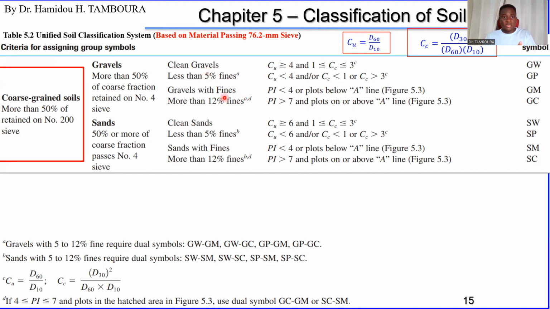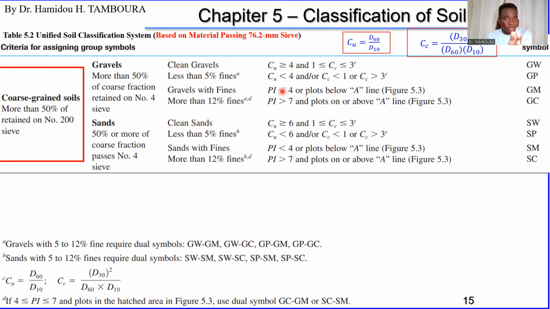Okay, to make it easy, let's consider this part first. Less than 5, between 5 to 12, we will explain later. But 5, 12, less than 5, it is clean sand. Let's say gravel, we will deal with this first.